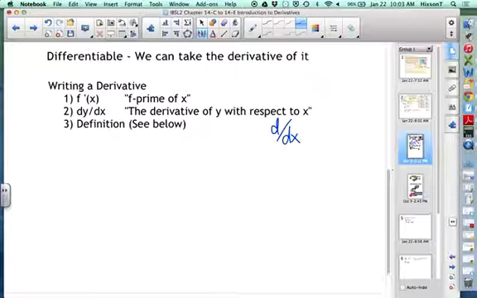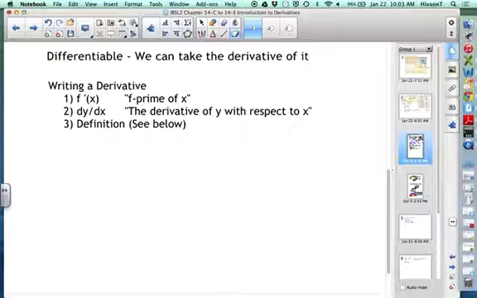That's a little more general. This is specifically saying the derivative of y with respect to x. Okay, but both of those describe a derivative, and you should be familiar with both types of notation.